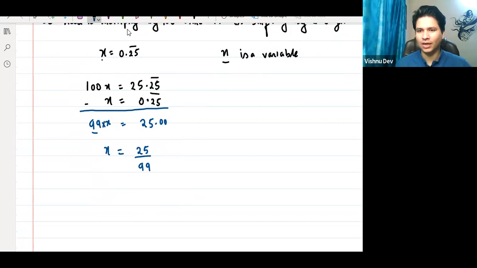Okay. Now, if you actually observe what we did, we just multiplied and subtracted. Hi, Anna. Did I use any other concept other than multiplication and division? No, right? I did not use any other concept other than multiplication and division. So we got it in fraction.